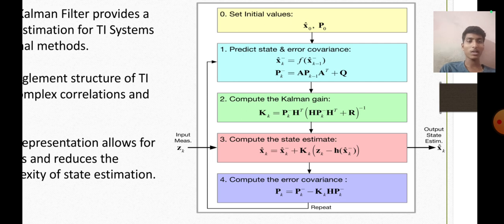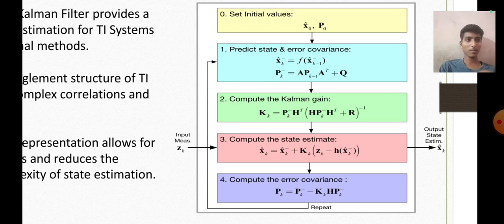Compute the Kalman gain: K_k = P_k^- H^T (H P_k^- H^T + R)^{-1}.